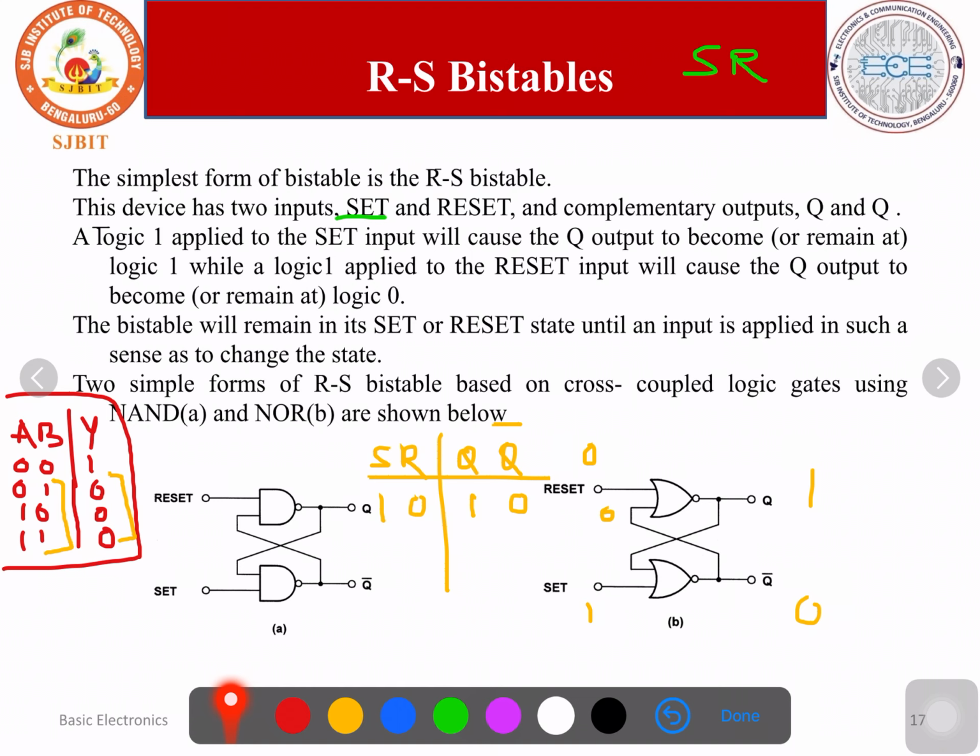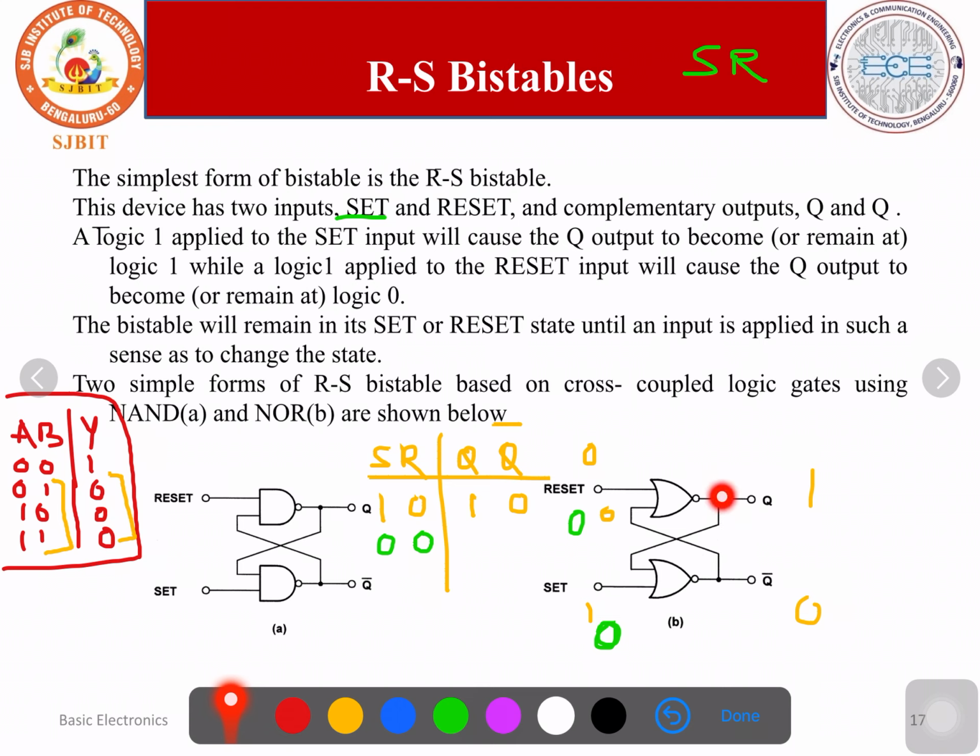Suppose here let us change a little bit. We will apply S equal to 0, R equal to 0. Concentrate on only the green color inputs. Here one of the inputs is 0, the other input is the feedback signal.